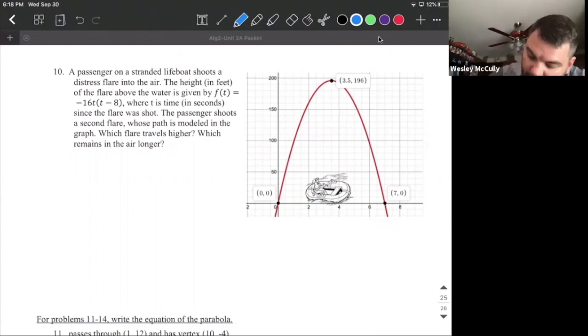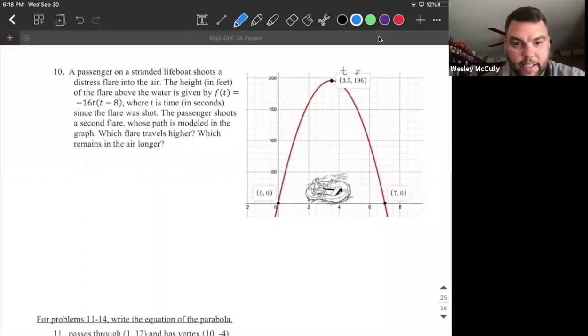So in our graph, this value right here is t, and this value right here is F, which stands for the flare height. So F of t, time and flare height. We're going to find those values for the equation that they gave us, and we're going to compare them to that vertex right there.